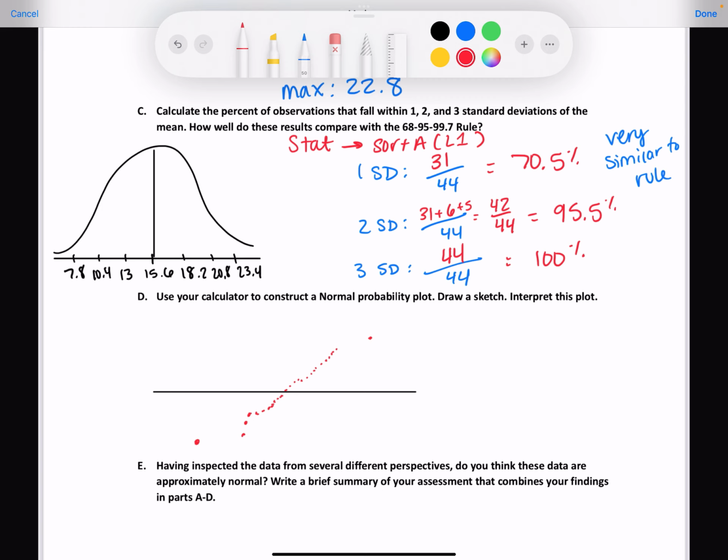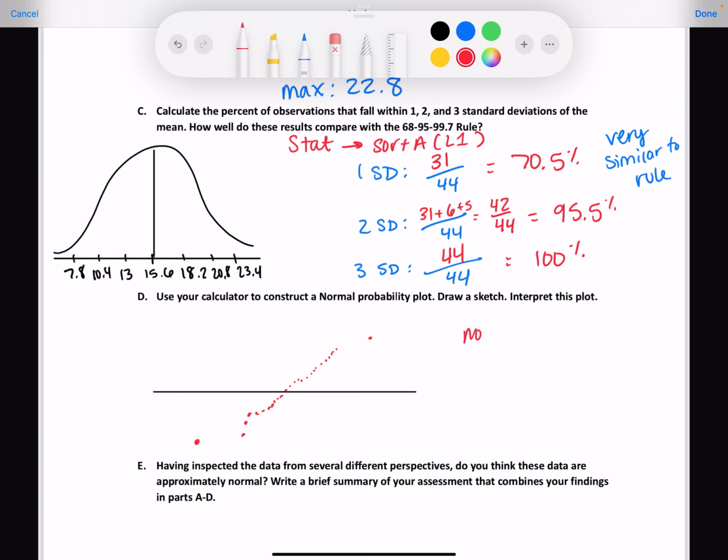Okay. So maybe it's not perfect, but it kind of looks like what? Kind of like a line. Linear. Kind of looks like a line. If you were to lay a pencil over top of it, you can pretty much completely cover it up.